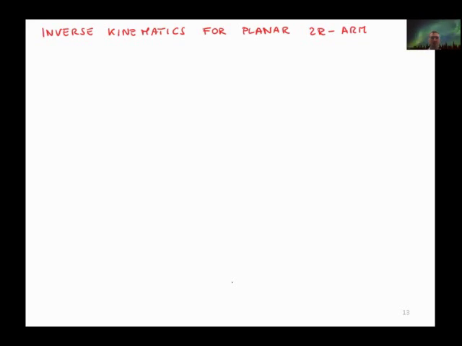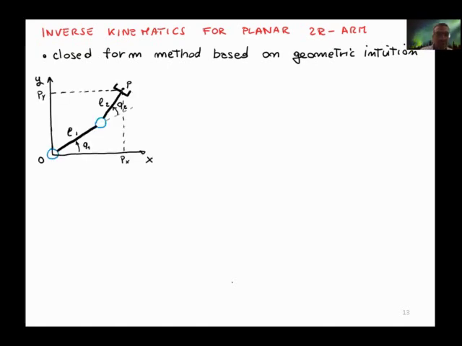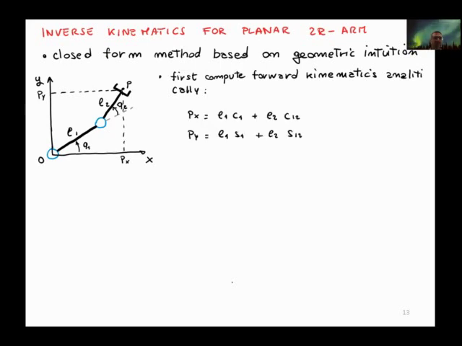So to find an example, we can consider again the planar 2R arm. And first, we compute the forward kinematics analytically.